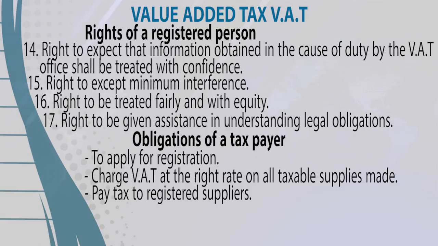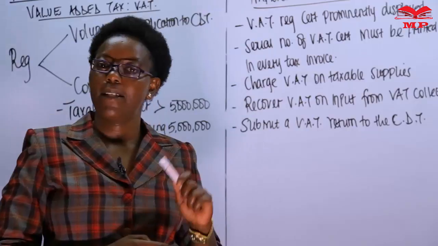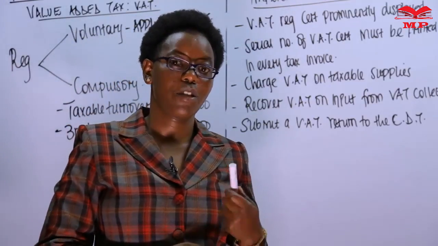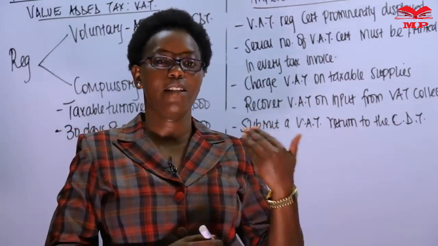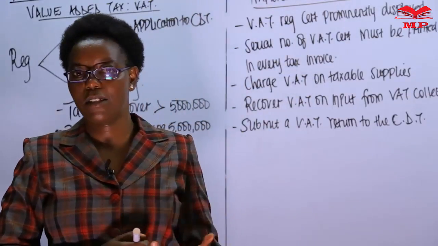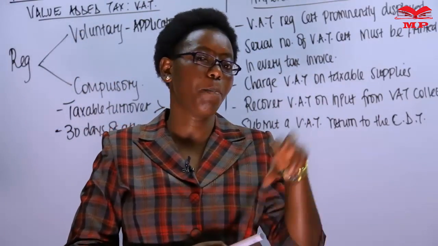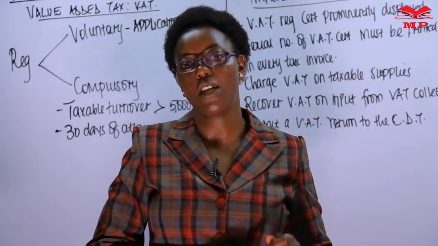The third obligation is to pay tax to registered suppliers. Now, for VAT purposes, you only pay tax to registered suppliers. And we've said the basis of registration is they have applied and the commissioner has gone through their documents and issued the registration, and once you get to their premises, you will be able to see the VAT registration certificate.